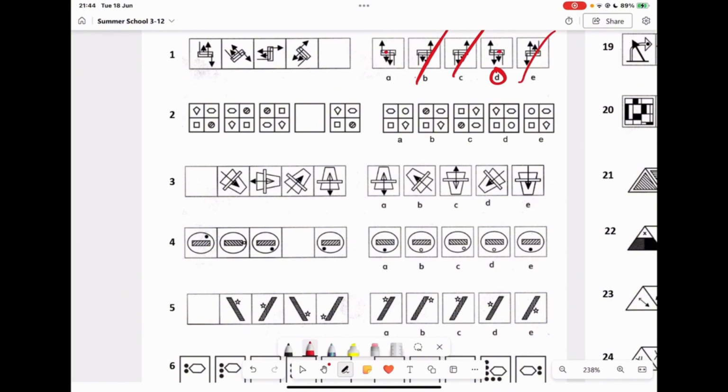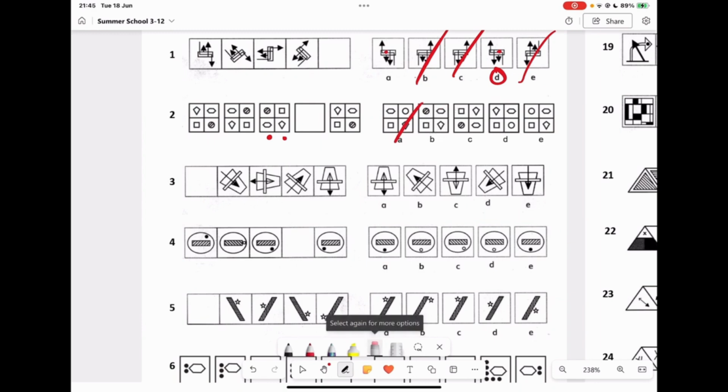So considering that, we can expect the hexagon to be in the bottom right, the kite to be in the top right. So even knowing that, we can cross out A, B. Oh no, we cannot cross out B.